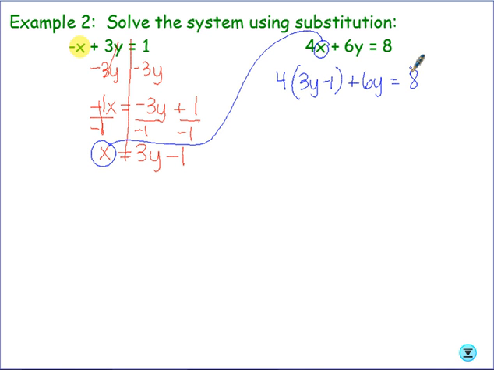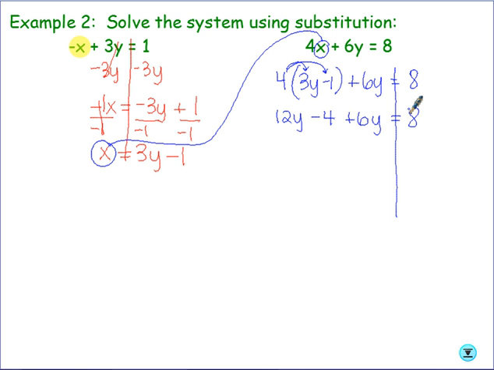Now we are ready to solve. Put up our fence. Distribute. 4 times 3y is 12y. 4 times negative 1 is negative 4. Bring down the plus 6y. Bring down the equals 8.